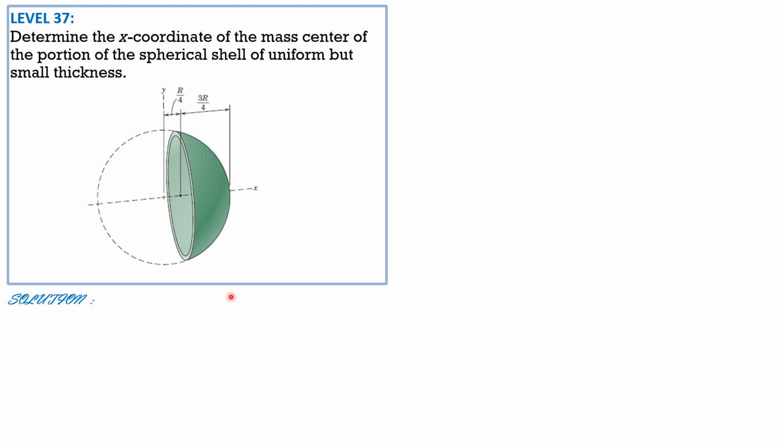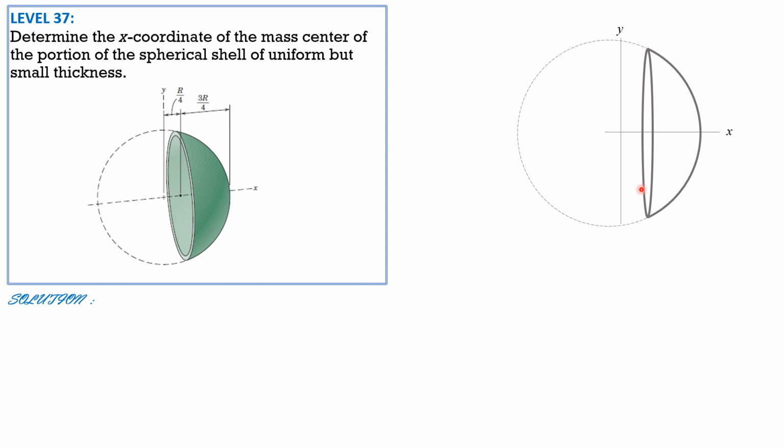So let's draw the view from the z axis. So this is it. This is the portion of the spherical shell, and this is r over 4. So this is the strip ds, then rotated about the x-axis to generate this surface.